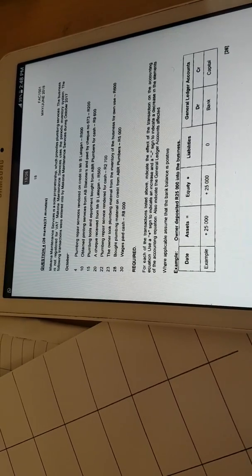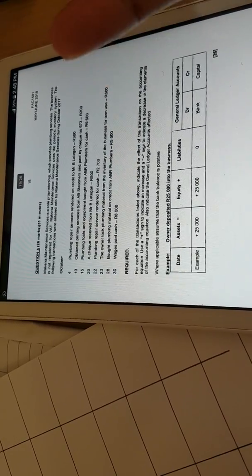Okay, service rendered. Remember, this is a service company, so when they render a service, that's how they make sales. They don't sell tangible things, but they sell their service. So we have to identify two accounts which are going to be affected. First of all, if they render a service, it means the sales account is going to be affected.